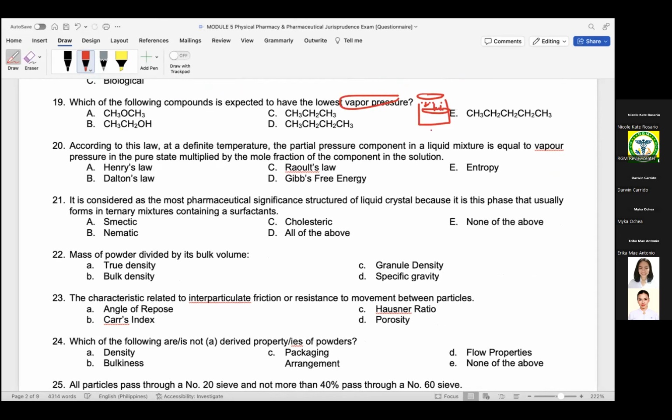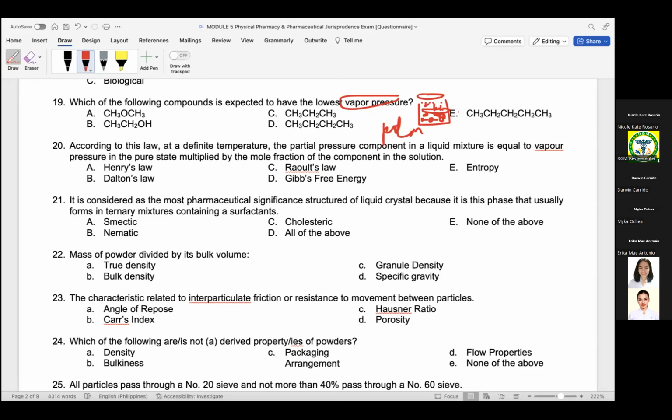So, sino yung mga nahihirapan mag-vaporize? Yung mga matataas ang IMFA, Intermolecular Forces of Attraction, right? So, sino ba yung mataas ang intermolecular forces of attraction dito? Yung mga polar. So, among the choices, sino ang polar?